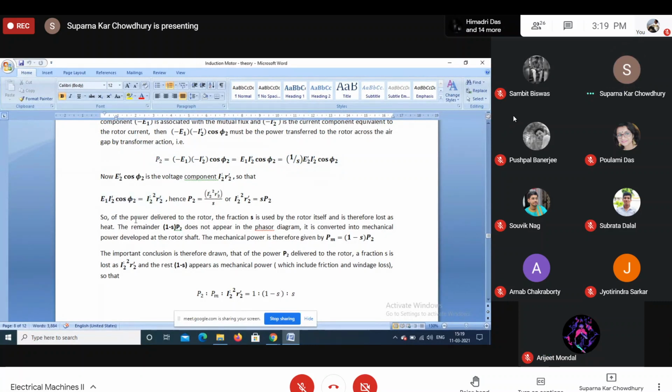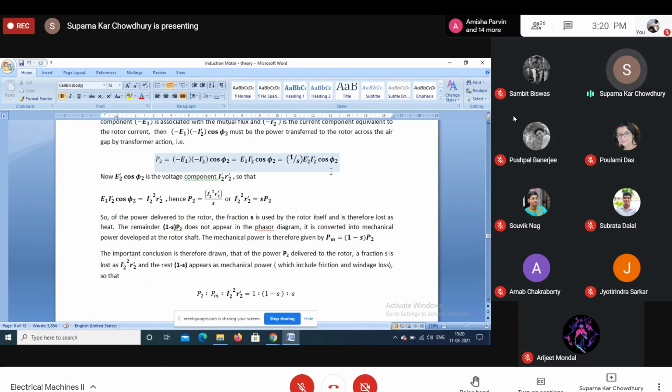So this component is I2 dash square R2 dash. Hence, I2 dash square R2 dash is equal to this expression. So our P2 is equal to I2 dash square R2 dash by S. So I2 dash square R2 dash is equal to S into P2.